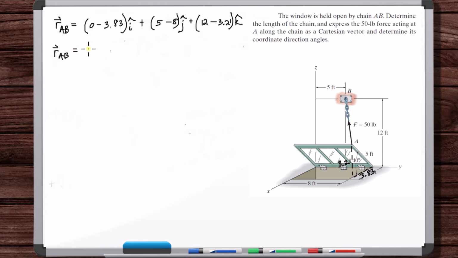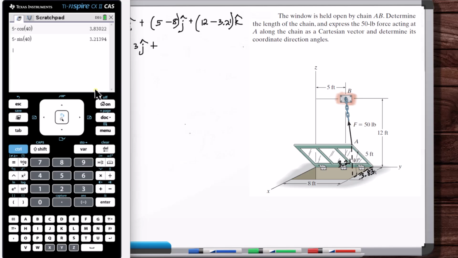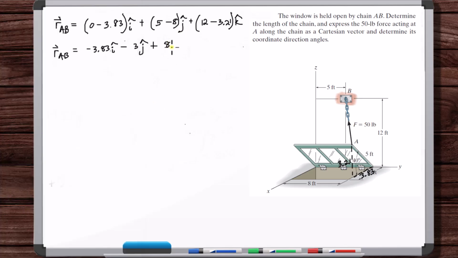So we've got minus 3.83 i hat minus 3 j hat plus 8.79 k hat.